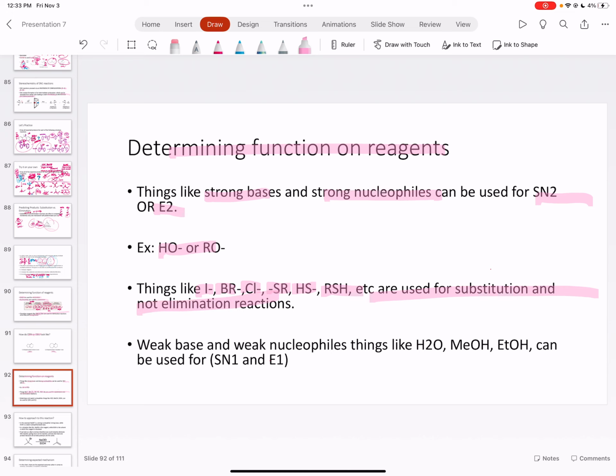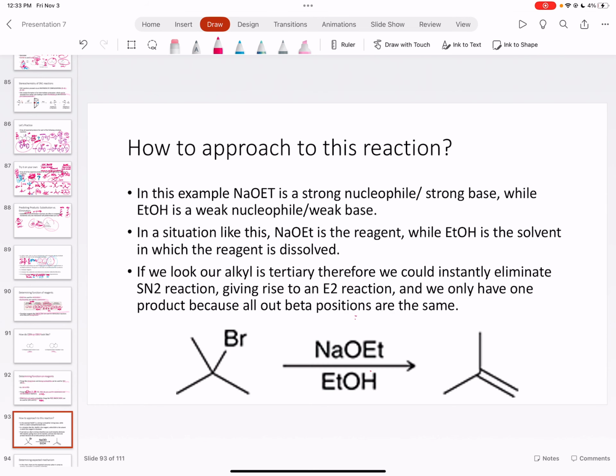Since they have a negative charge and they're very reactive, they're just going to be for SN2 only. And things like weak bases and weak nucleophiles, things that are really stable, possibly it's just going to be for E1 and SN1.